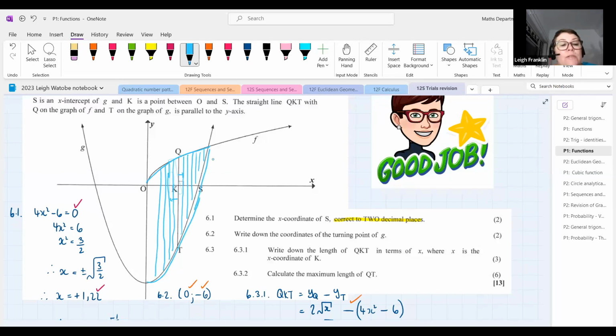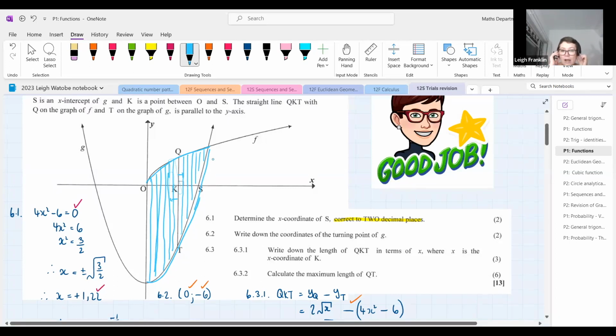When is it the longest it can possibly be? That's what we're actually trying to calculate. The line QKT can move to the left or to the right. When is it going to be the longest? Does that make sense to everybody?